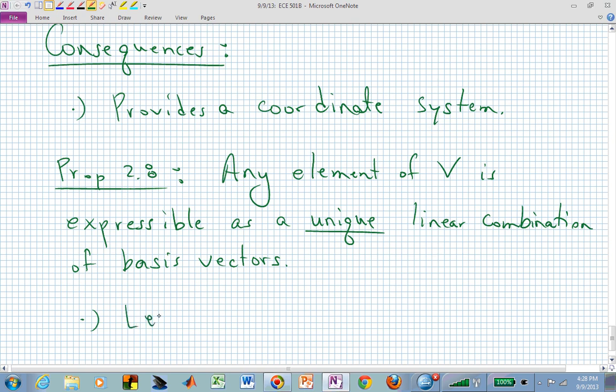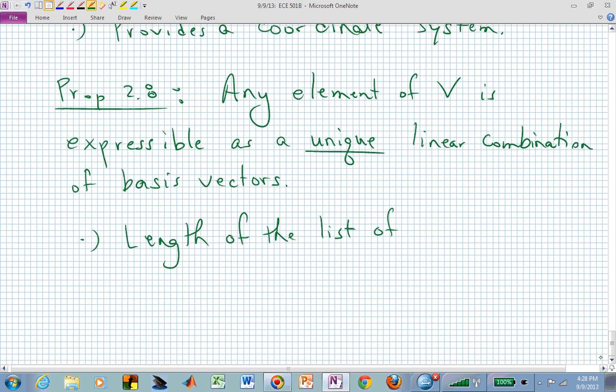We can also talk about the length of the list of basis vectors, which is actually equal to the length of the shortest spanning list.